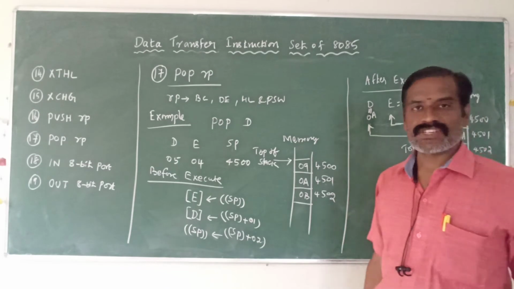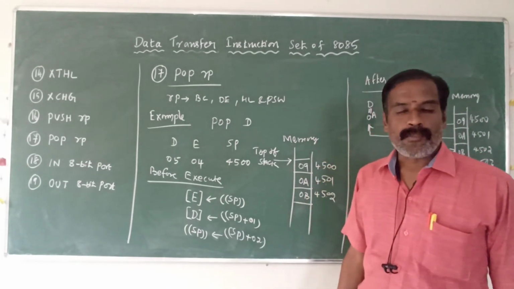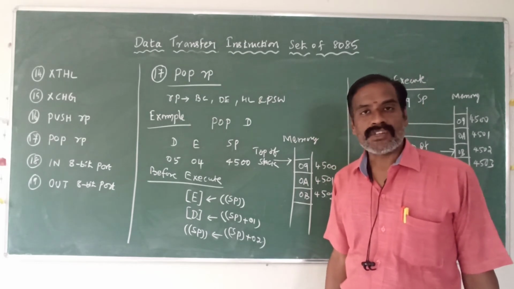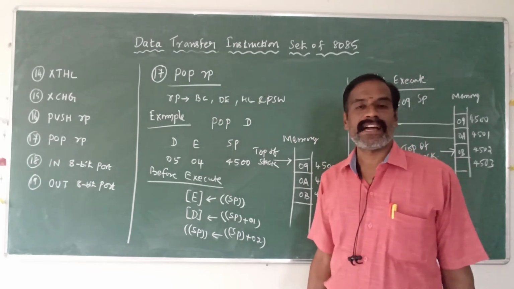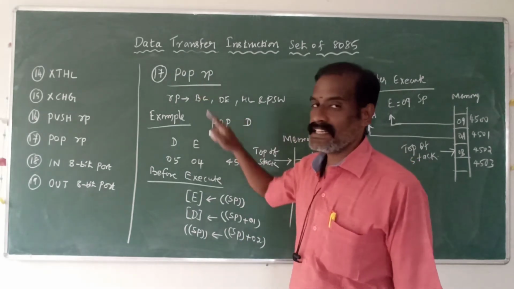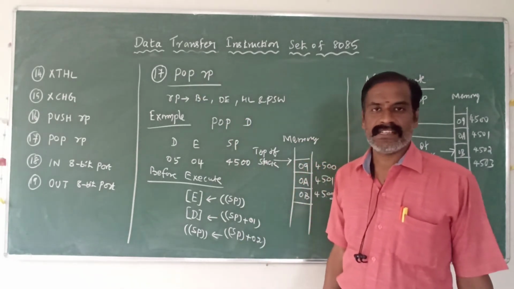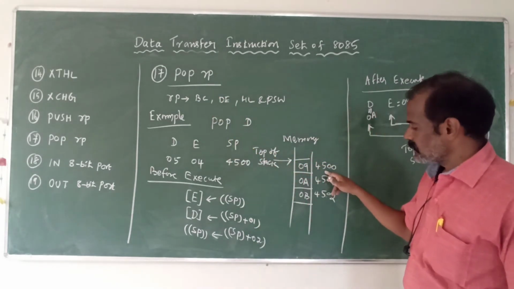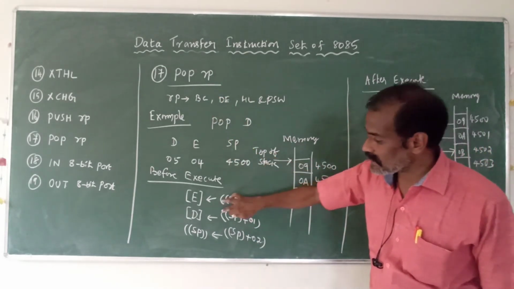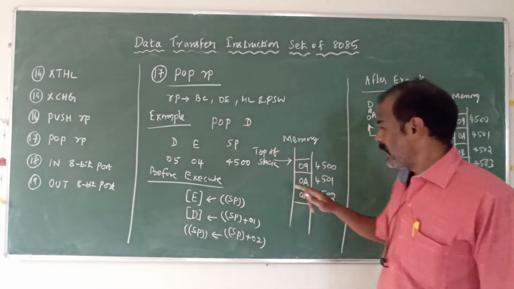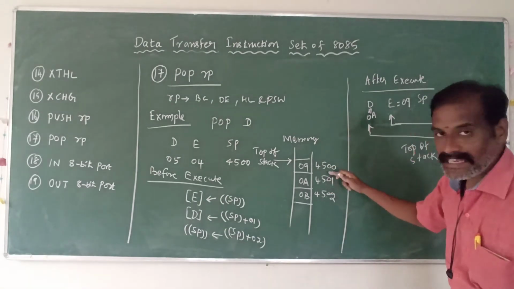In the push operation, the given register pair content is pushed into the stack, and at that time the address will be decremented twice. In the pop operation, pop means to retrieve the stack pointer address location data into the given register pair. At that time the stack pointer address will be incremented.